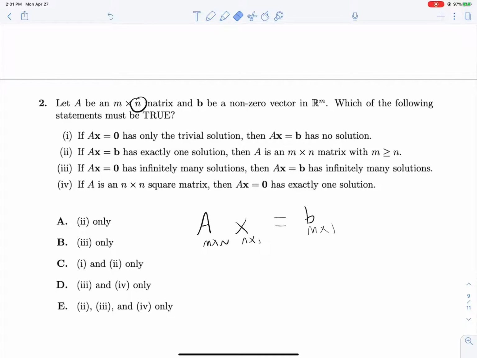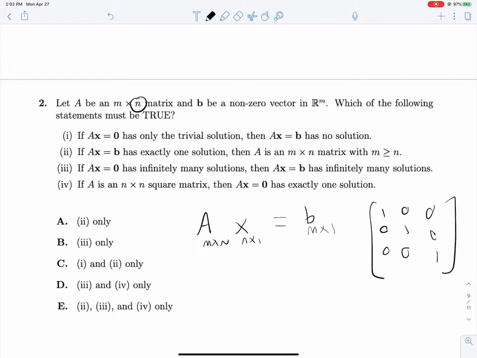So Ax equals B will have some solutions. Let's take a look at the example that keeps being relevant for these ones. So here our rank is 3, the number of columns we have is 3, so the dimension of our null space is 0, thus Ax equals 0 has only the trivial solution x equals 0.